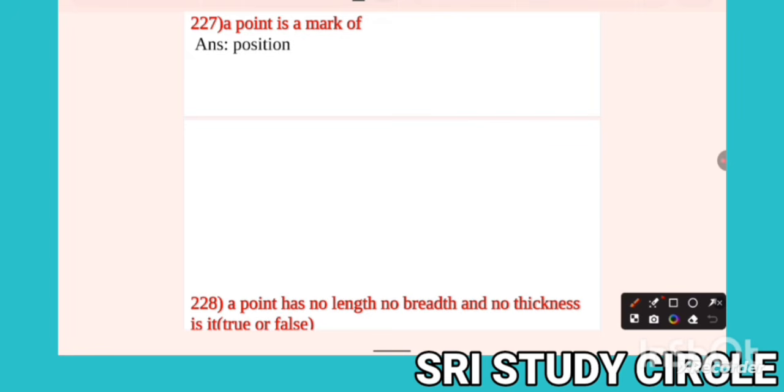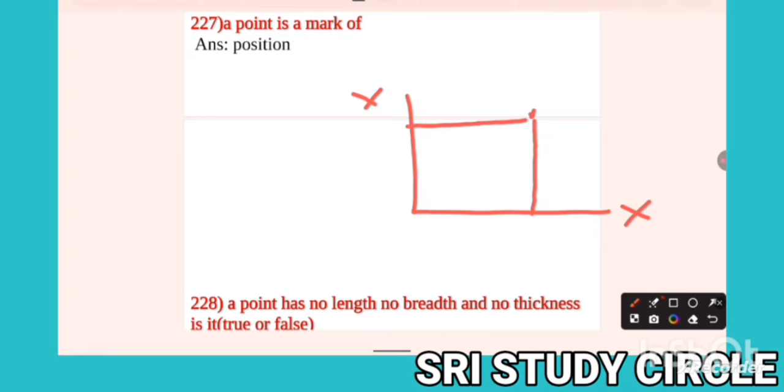That is the axial position of the point in a coordinate plane. Suppose x-axis, y-axis, and a point here. The distance from the x-axis, the distance from the y-axis. This is known as the position of an object. Okay.